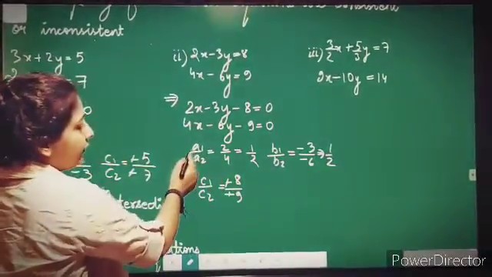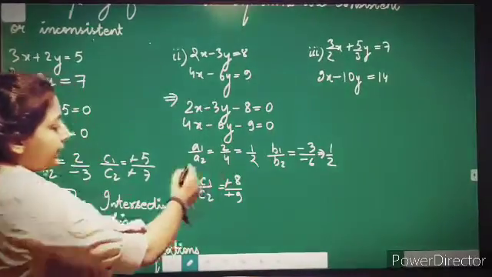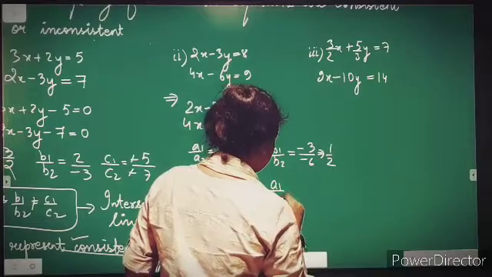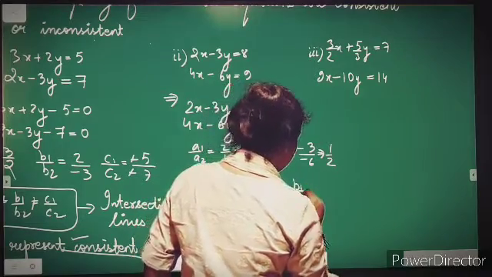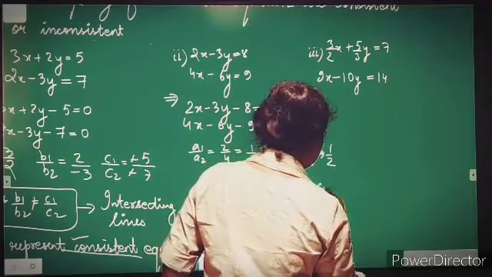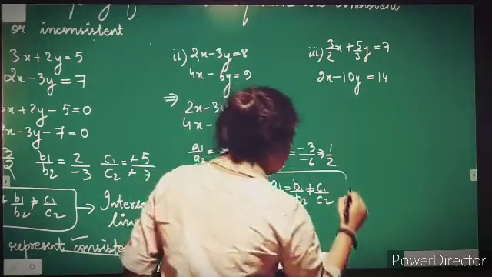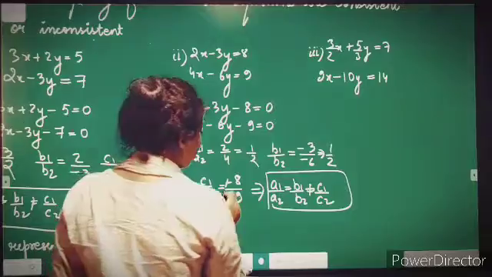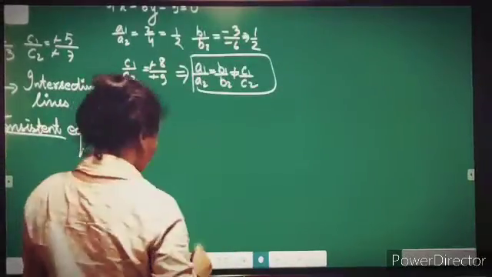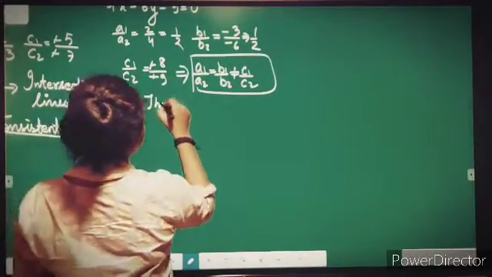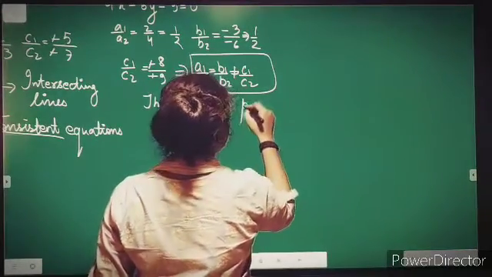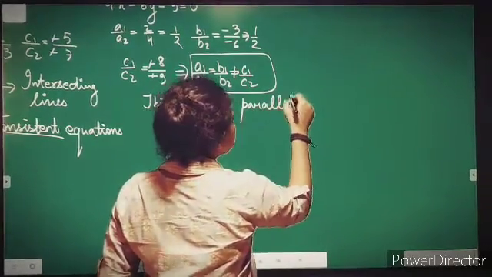Again, a1 by a2 equals b1 by b2 and is not equal to c1 by c2. This case represents parallel lines.